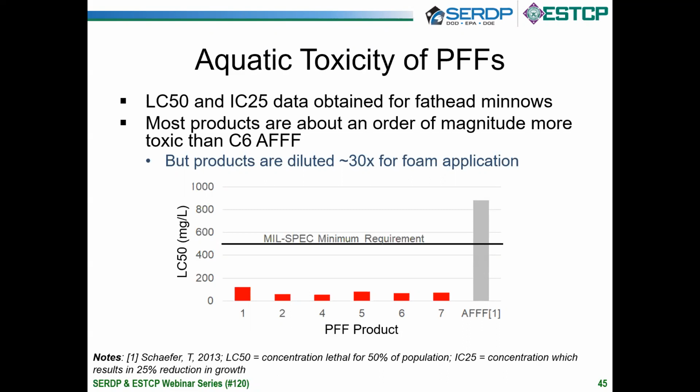But one thing to remember is that these products are diluted, typically 3 parts of the concentrate to 97 parts water, and up to a maximum of 6 parts to 94 parts water. So in my view, the as delivered diluted product that is converted to foam really would meet this mil spec requirement. But until the mil spec changes, we cannot use that specification.